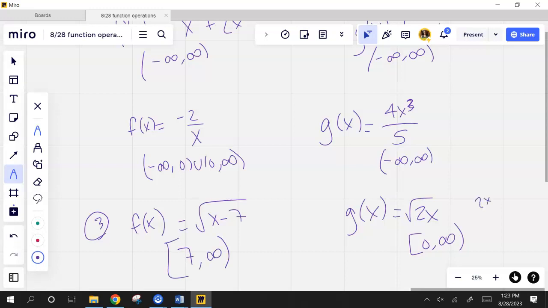Because 2x has got to be greater than or equal to 0. If I divide both sides by 2, because that's what's under the radical. That's the part that's going to give me problems.